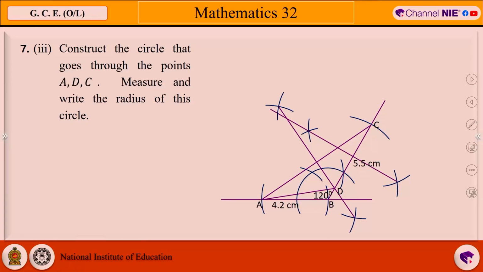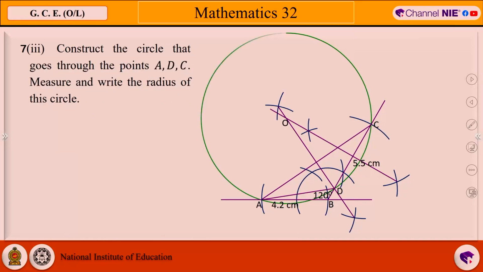Once you drew 2 perpendicular bisectors, the point of intersection of these 2 bisectors will be a point O. Now, we have to take the radius to draw the circle. The distance between O and A, O and D, O and C is the radius of this circle. So, by taking one of the radii, you can draw the circle like this.